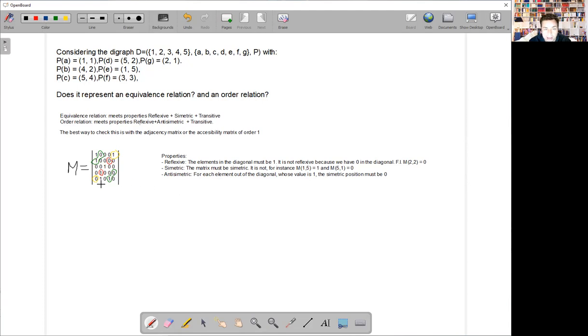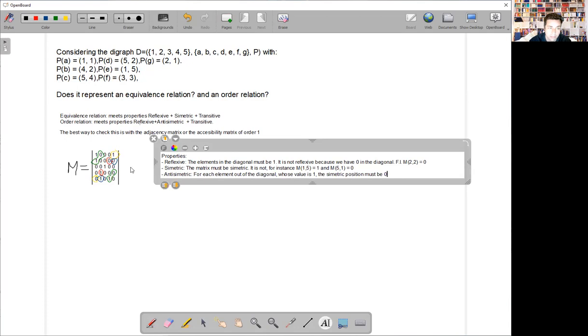And for this last element, which is in the position 5, 2, we go to 2, 5, and it's also a 0, right? So we have checked, and for every 1 in the matrix, there is a 0 in the symmetric position, right? So in this case, the matrix and the graph are antisymmetric.